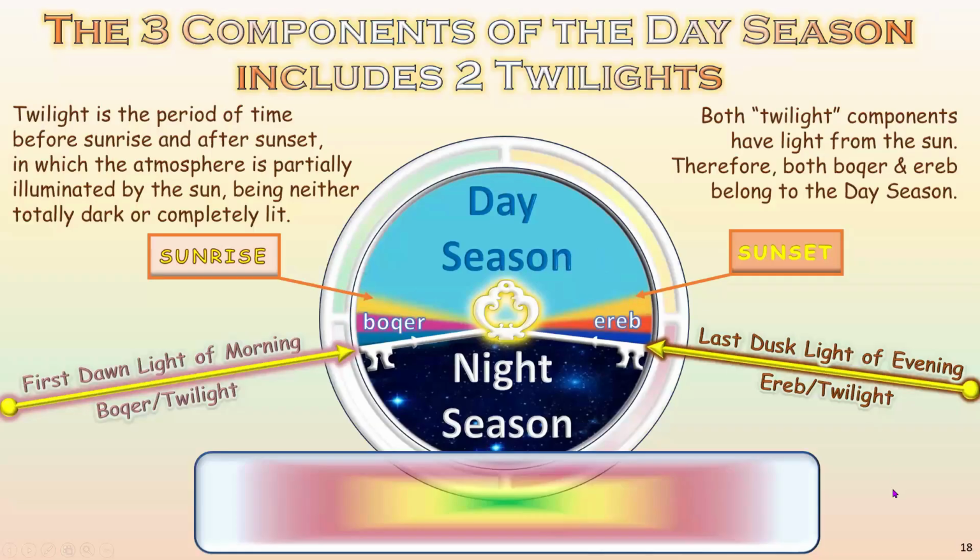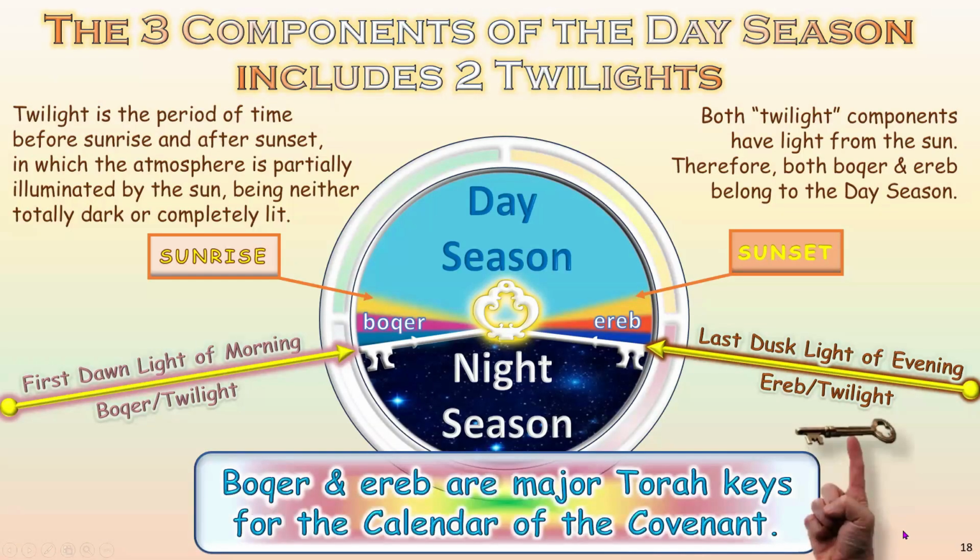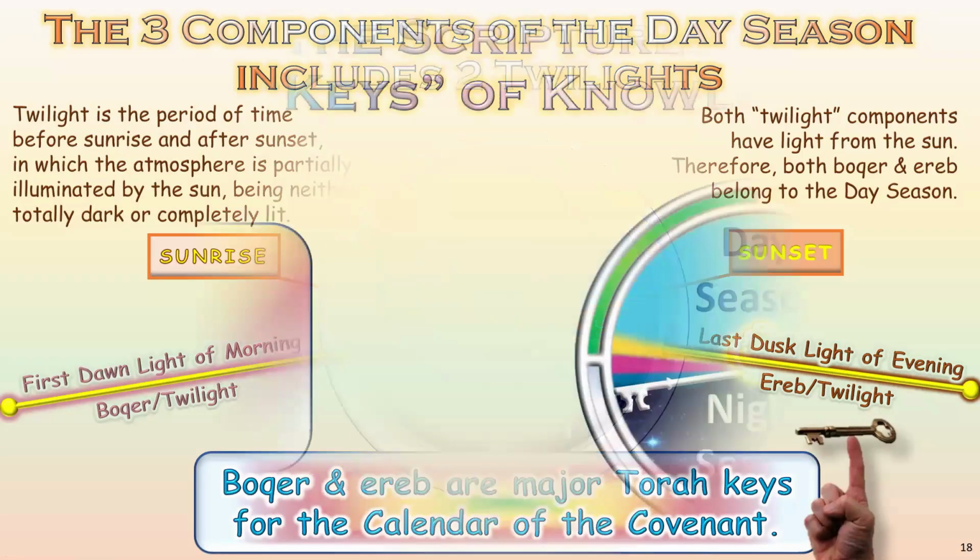But both twilight components have light from the sun. Therefore, both Boker and Erev belong to the day season. They do not belong to the night season. Boker and Erev are major Torah keys for the calendar of the covenant. Always want to remember that.